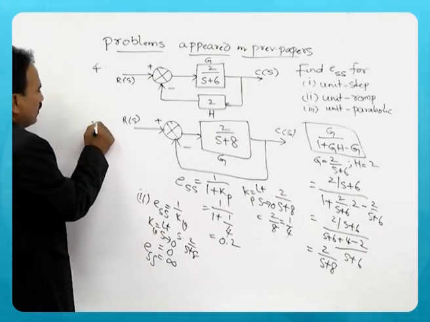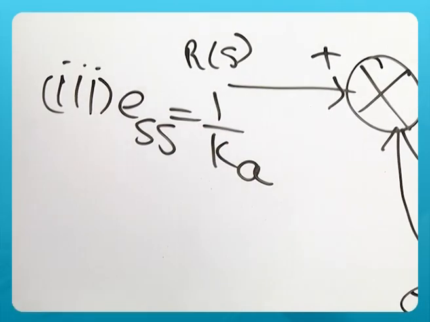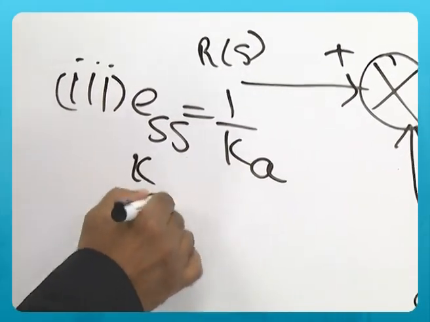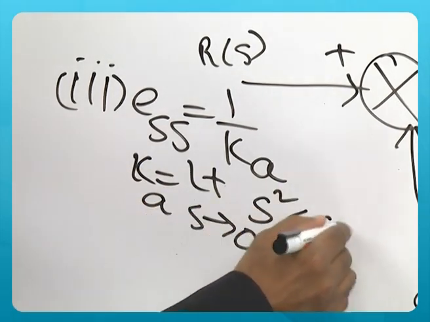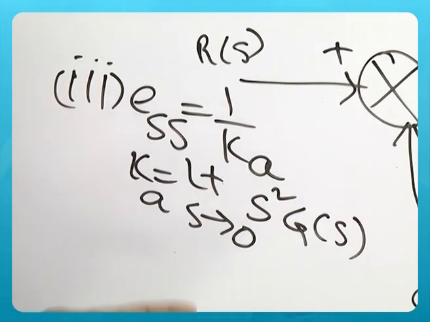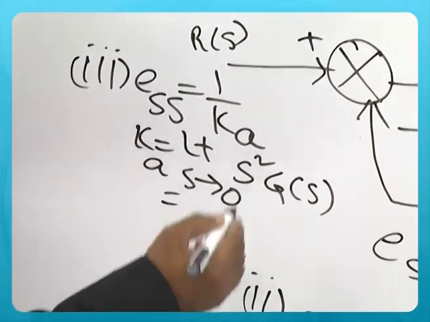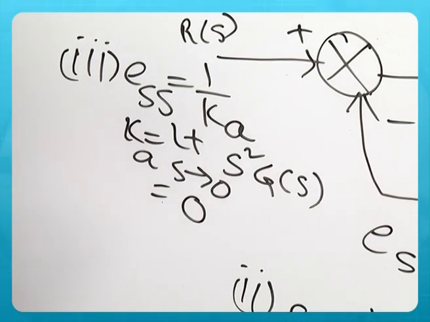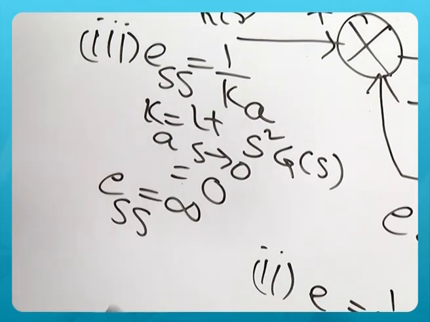1 by Ka for parabolic input, where Ka is limit s tending to 0 of s square G of s. So, you have 0 in the numerator itself, and Ka also will be 0, the acceleration error constant. So, the steady state error is infinite.